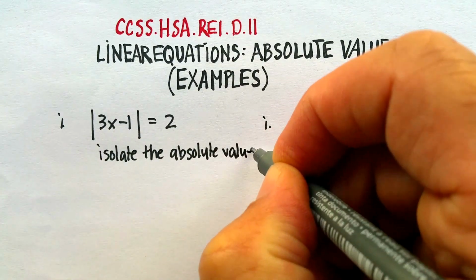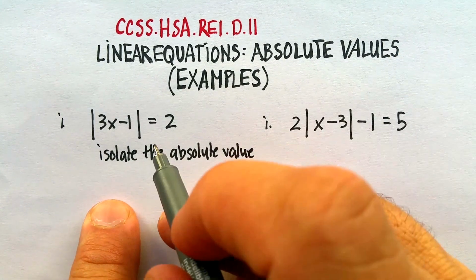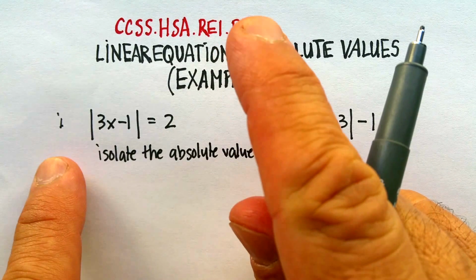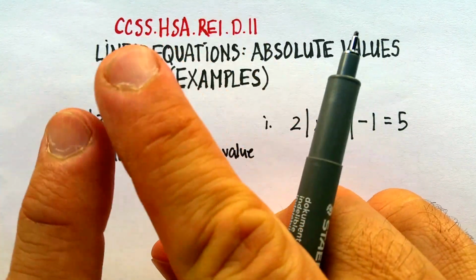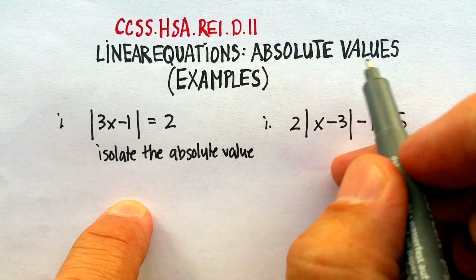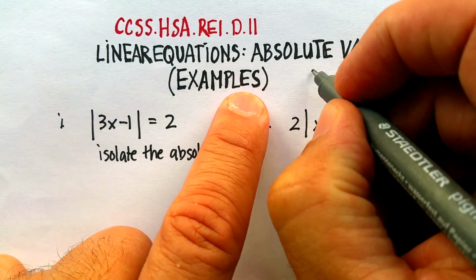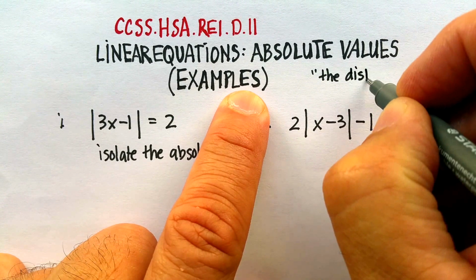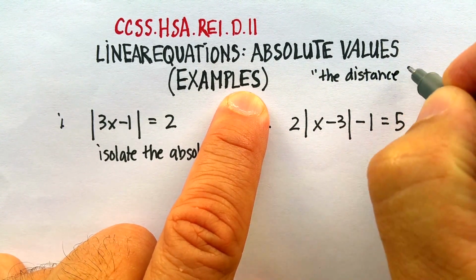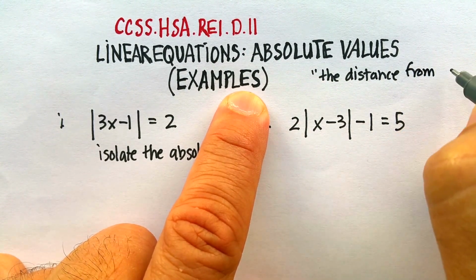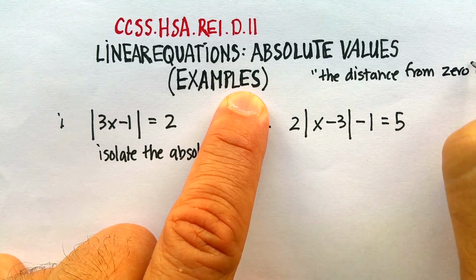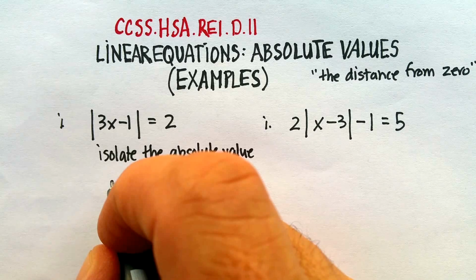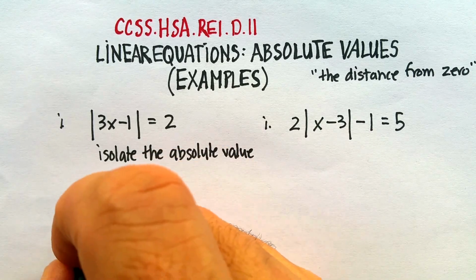Now, once you've isolated it, you want to recognize that we're not concerned whether it's positive or negative. We're just concerned with the largeness of the absolute value. And remember that the absolute value is just the distance from 0, and you can have a positive distance and a negative distance. Because of that, you need to take care of what's called the positive and negative case.